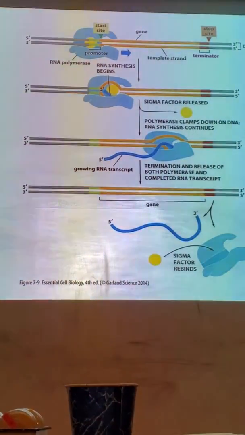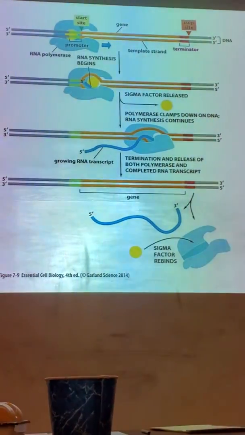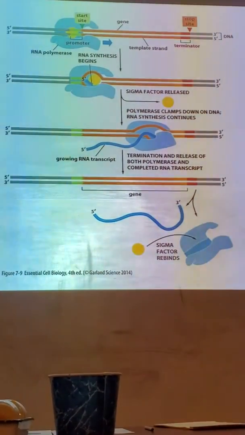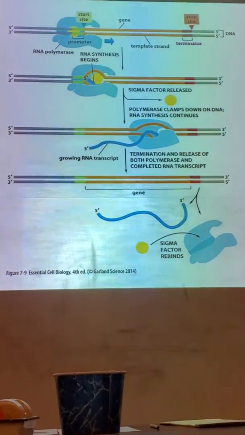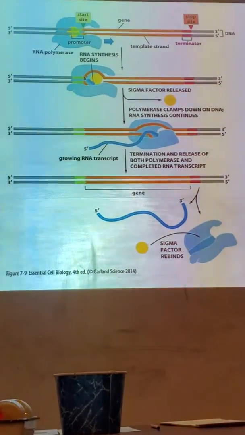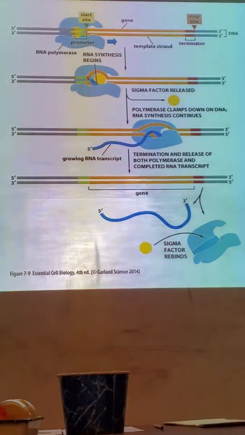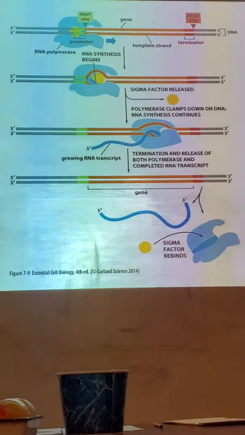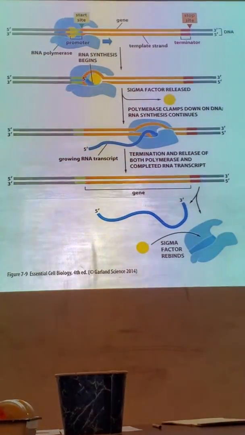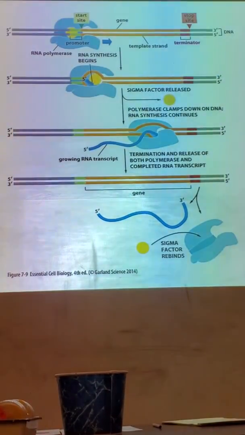Viruses are famous, viruses that prey on E. coli. They will come in bearing their very own viral sigma, and their viral sigma will outcompete the cellular sigma and force the cellular RNA polymerase to transcribe not the cell's genes, but come over here and transcribe all the virus genes.